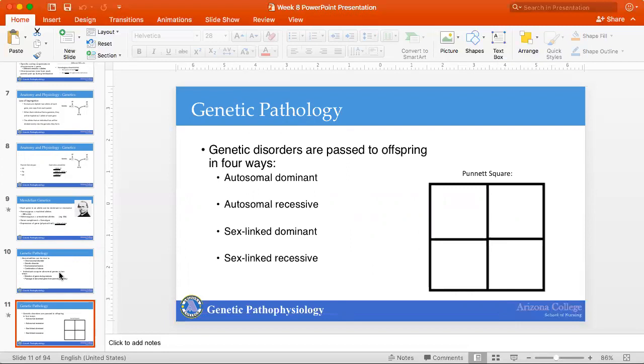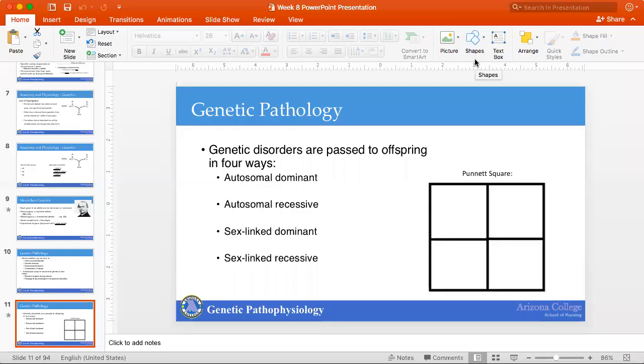Genetic disorders are passed to offspring in four ways. So they're either autosomal dominant, autosomal recessive, sex-linked dominant, or sex-linked recessive. And so these are slightly different in the source of it and the way that they present.